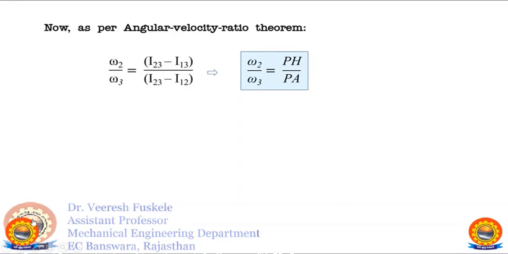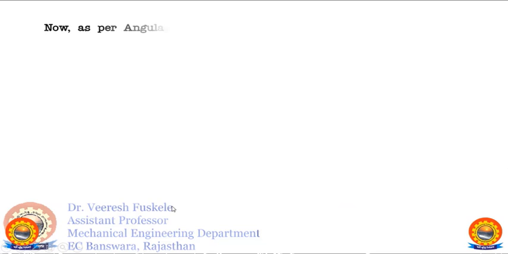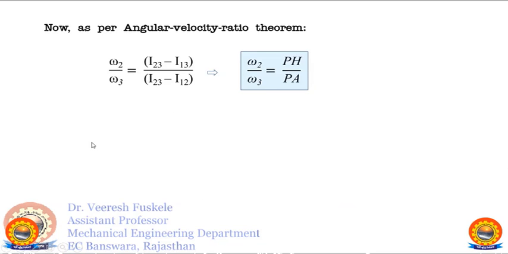So let's see. We see that the bigger spool is rotating with the angular velocity of omega 2 and the smaller spool is rotating with the angular velocity of omega 3. So omega 2 upon omega 3 is now PH upon AP.